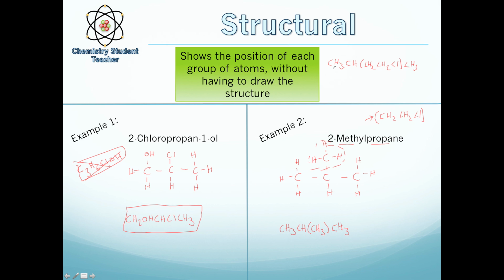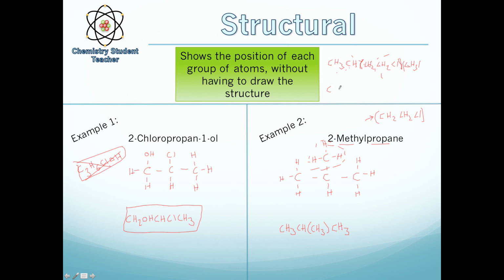That's actually incorrect. And the reason for that is you always look for the longest chain hydrocarbon before you put the brackets in. So in fact, that CH3 there should be in brackets and these shouldn't, because the longest chain is 1, 2, 3, 4 carbons long. Whereas if we go 1, 2, 3 down here, that's not the longest chain.